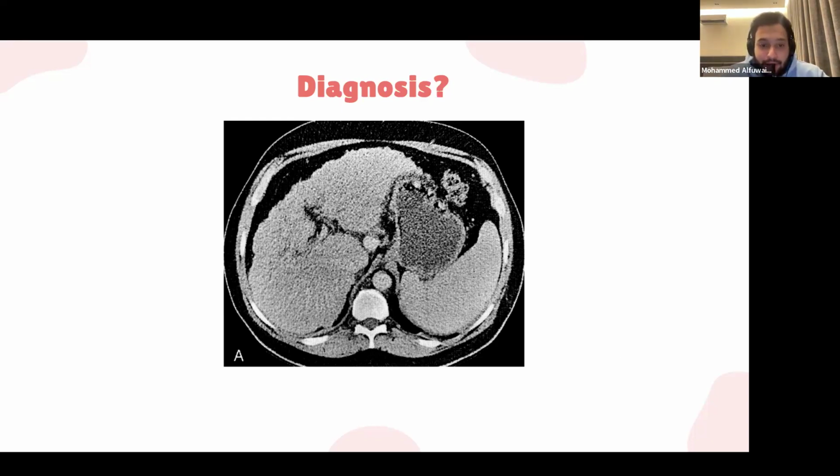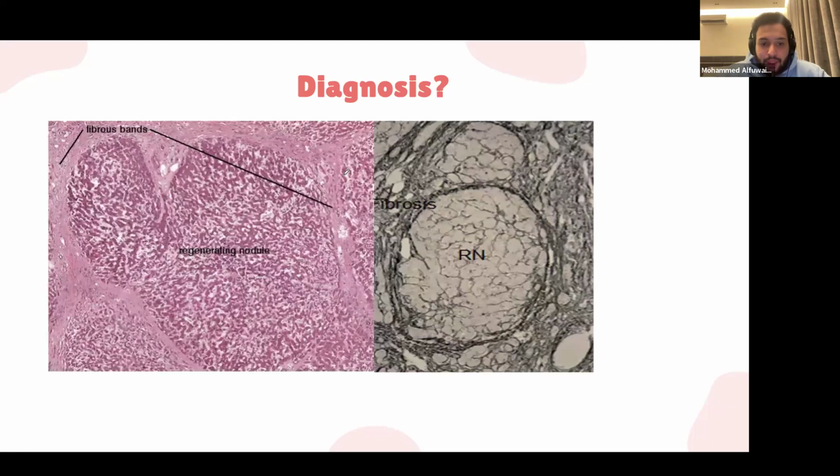What does this patient have? Just look at the liver. Cirrhosis, good. Cirrhosis, chronic liver disease, characterized in this image as a shrunken liver with nodularity. Okay, cirrhosis. Good.